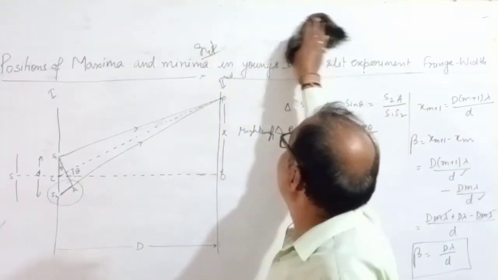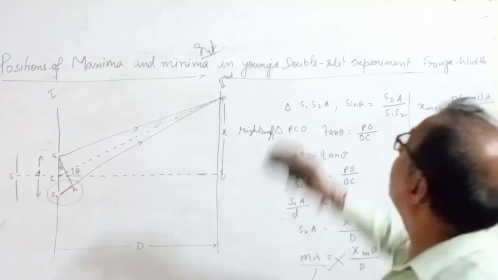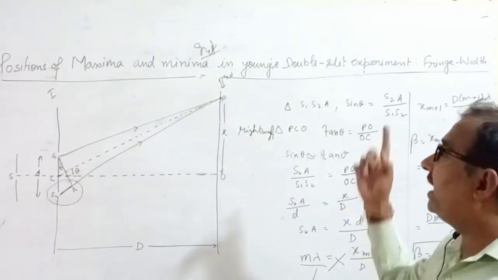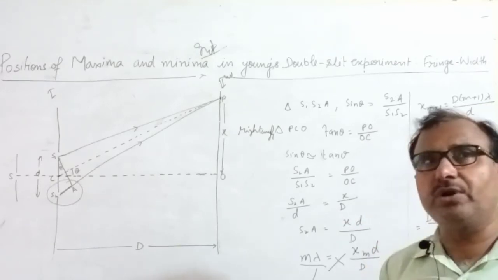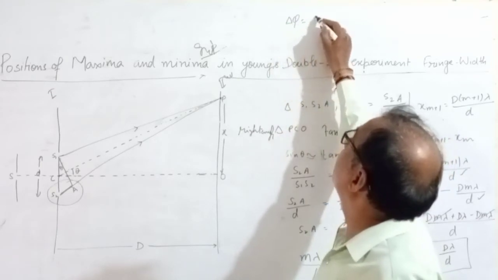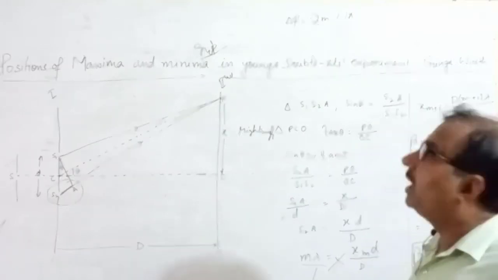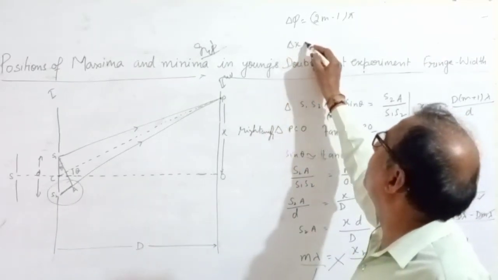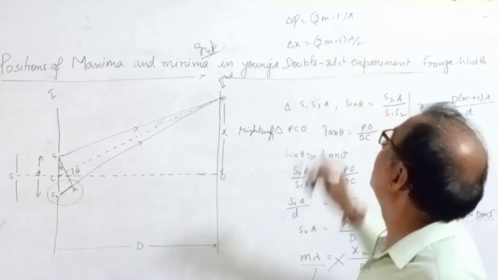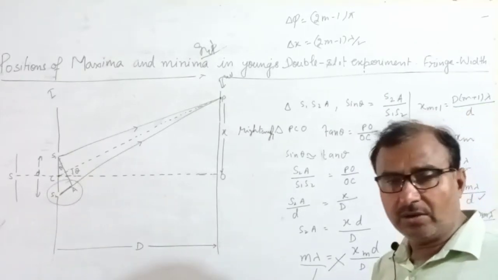I hope you all know there are two types of interference: constructive and destructive. For constructive interference, the intensity of waves is maximum, and I told you that condition. Now for destructive interference, the phase difference should be (2m minus 1) pi, and the path difference should be (2m minus 1) lambda by 2, right?